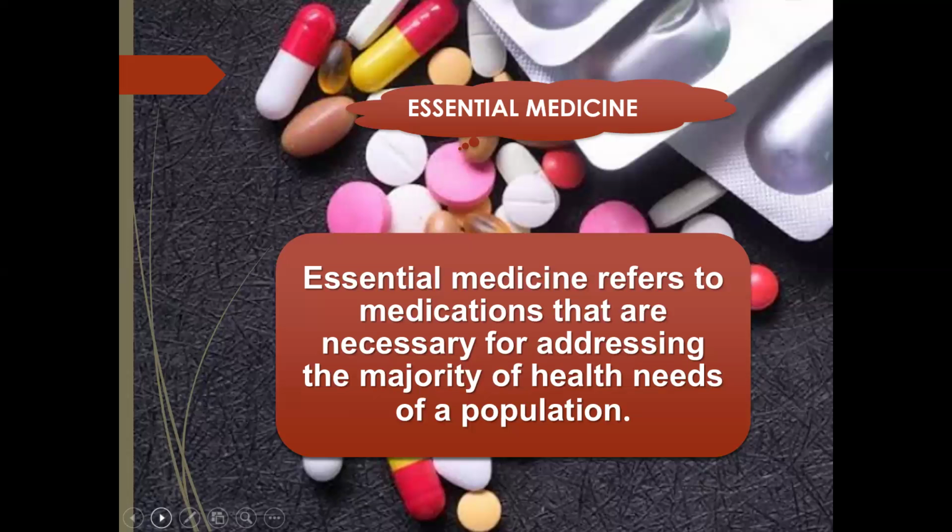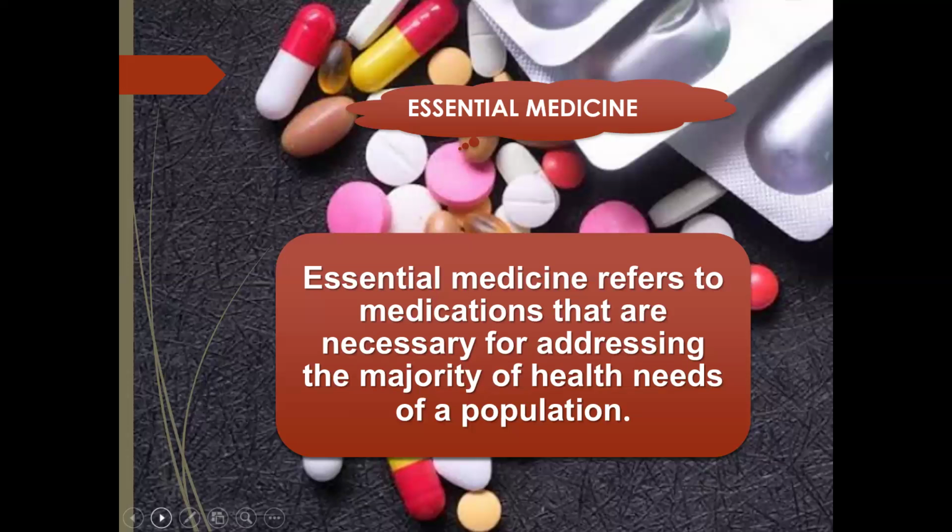Because if a particular community does not have a list of drugs, you might deploy a drug there for a condition that is very rare. That drug will expire, and the money used to purchase the drugs will be wasted. That's the essence of essential medicine.